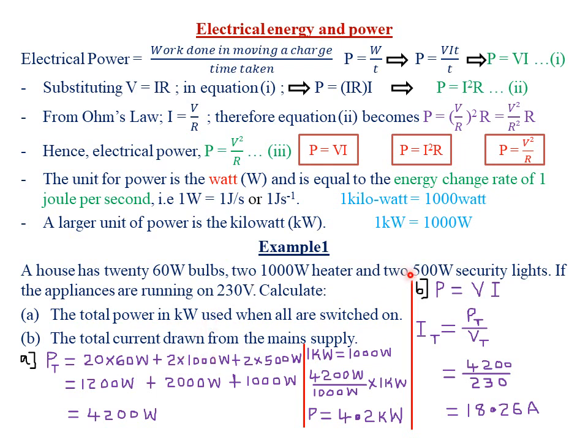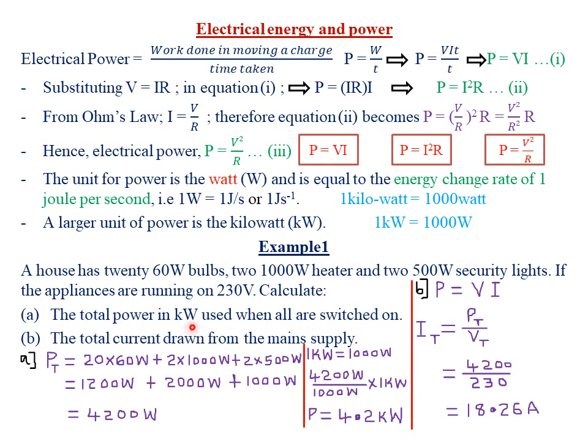Lastly, if one security light is consuming 500 watt, then 2 security lights will consume 2 times 500 watt. 20 times 60 watt gives 1,200 watt. 2 times 1,000 watt gives 2,000 watt. 2 times 500 watt gives 1,000 watt. Then 1,200 watt plus 2,000 watt plus 1,000 watt, you obtain a total power of 4,200 watt.